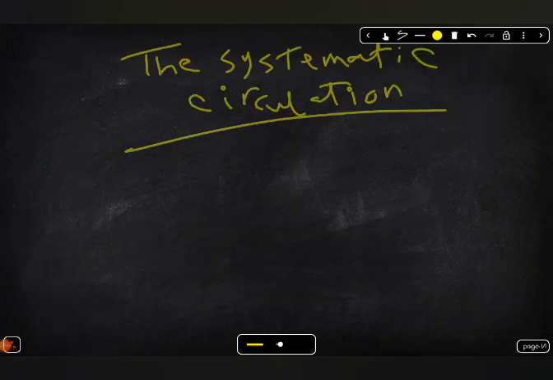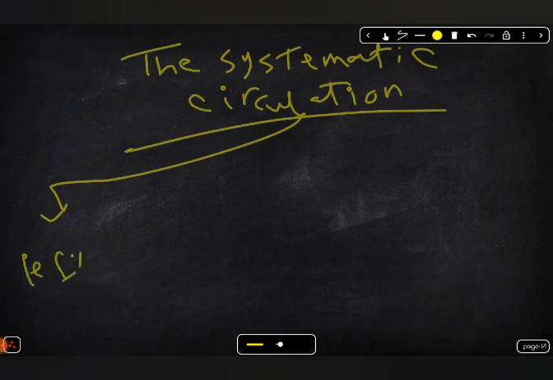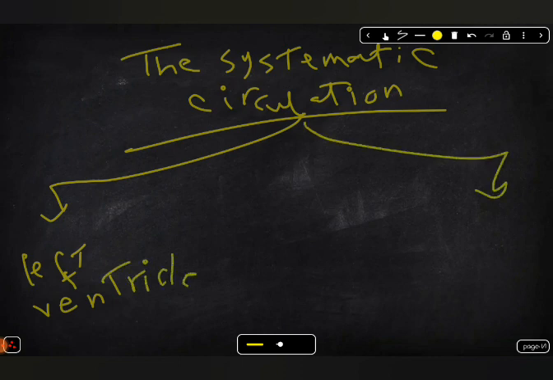The number 2 is the systematic circulation. I must know the start will be in the left ventricle and the end in the right atrium.